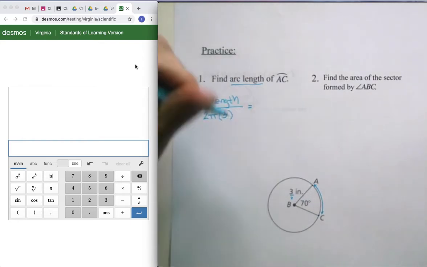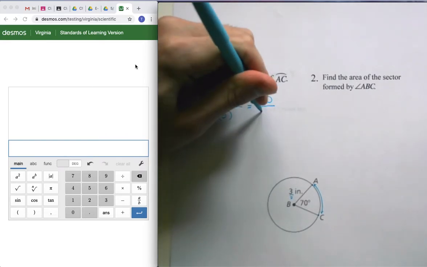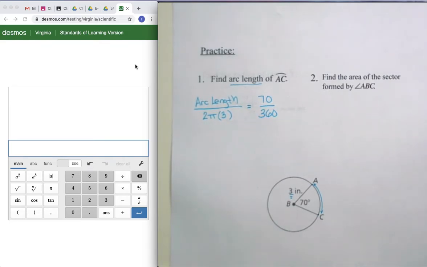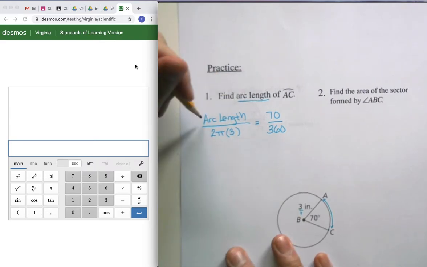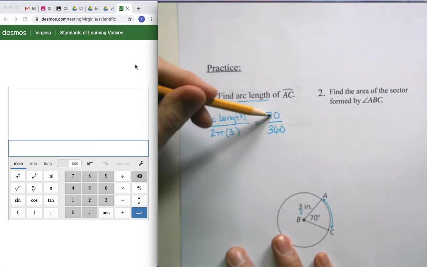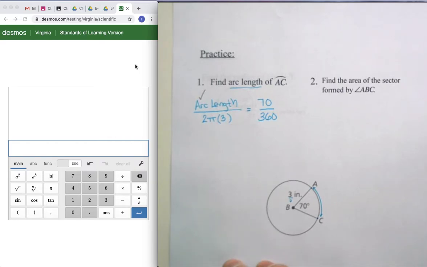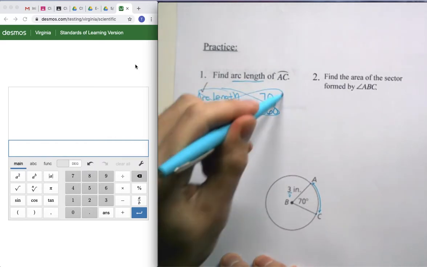So angle is 70 degrees. So I'm going to say 70 over 360. Okay, so really, let's just think about this. What we're missing, we have all these values, 70, 360, 2 pi 3. We have everything except arc length. That's what we want to solve for. Okay, so remember we've said in the past when we're solving proportions, we can cross multiply.